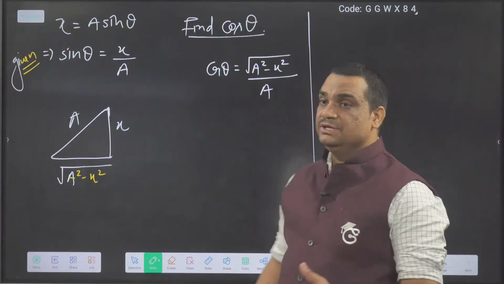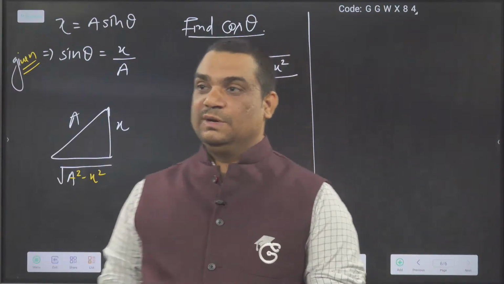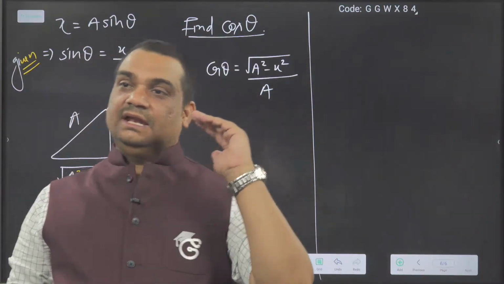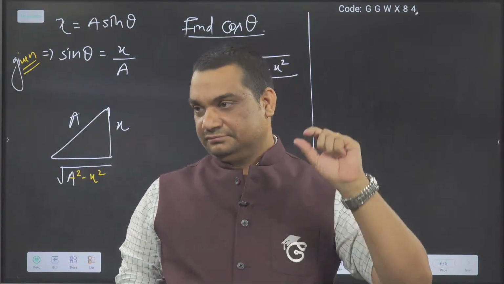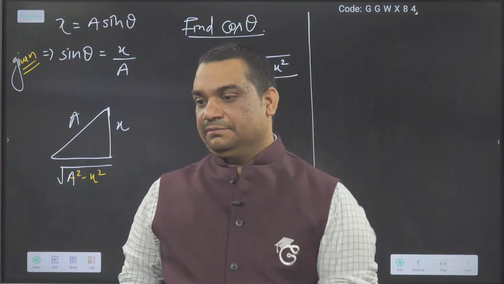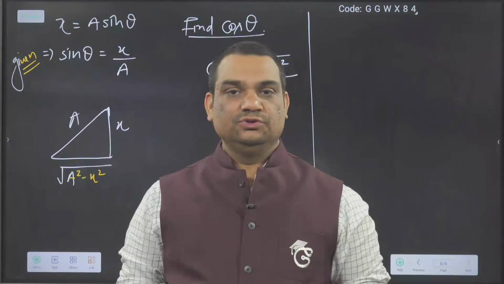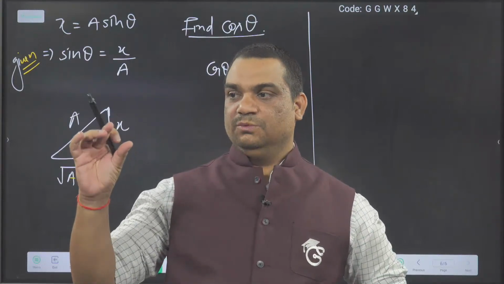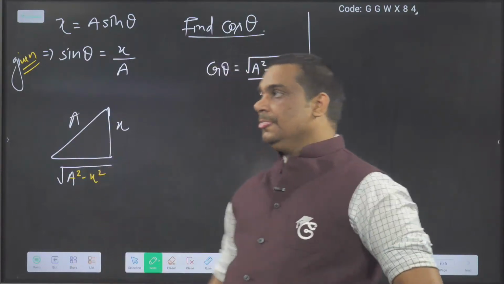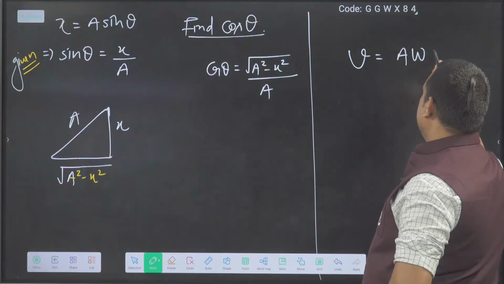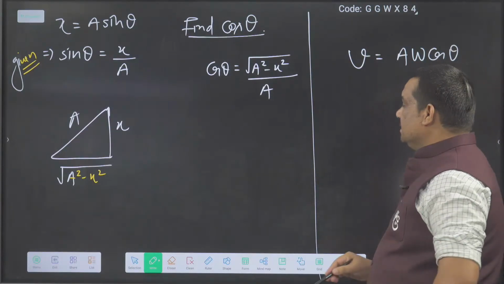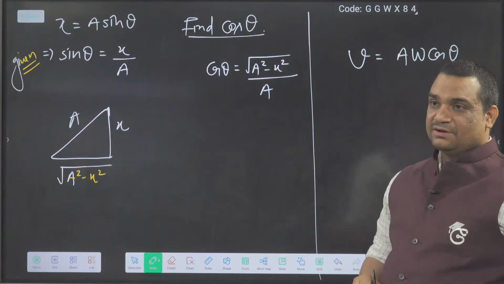I was asking where we will use this. Differentiation of displacement gives you velocity. So we'll get the formula of velocity, which will be a omega cos theta.